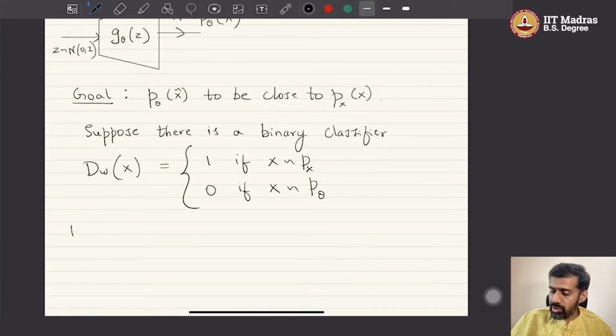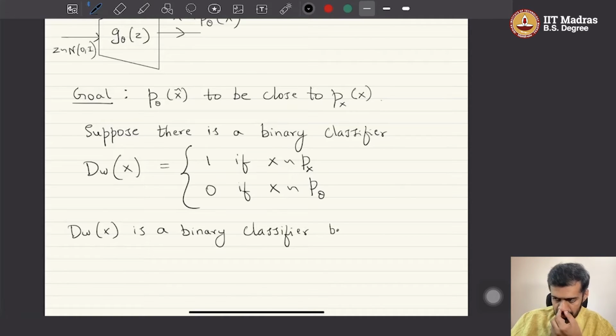So now D w is a binary classifier between the samples of P X and p theta.